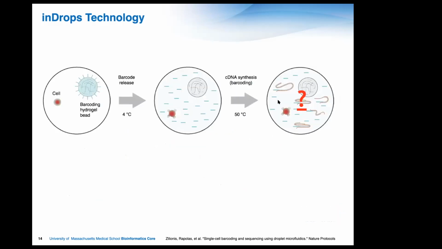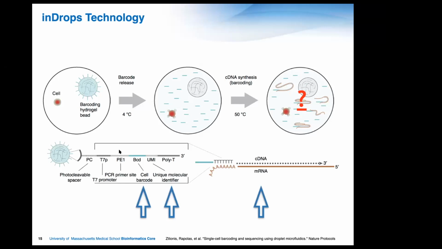Now, the question is, what's going on in these droplets that lets us track every single transcript in the cell, know what cell that transcript comes from, and know how many transcripts every individual cell has for each of the genes that it was captured? The magic here is what's happening in these droplets when we're doing the RT.